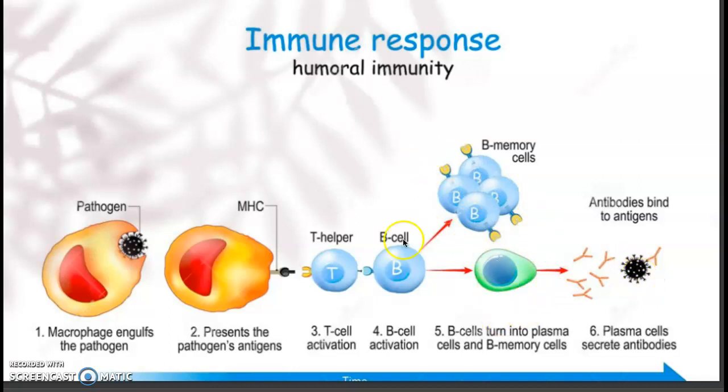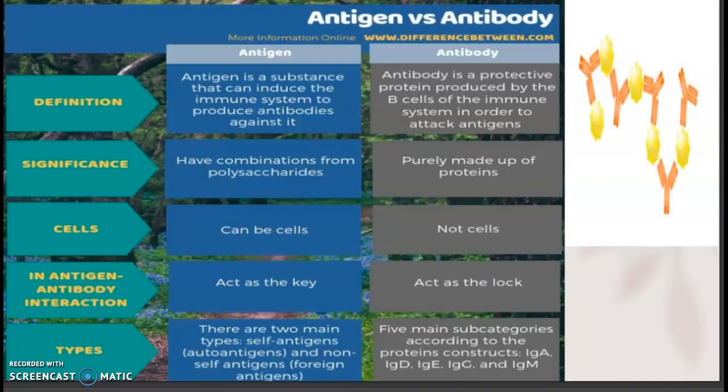So whenever the same antigen attacks, there will be no need for recognition by T helper cells and then sending information to B cells, then to plasma cells, then to antibodies. Once the body has already been infected, in the second attack B memory cells are there and they produce the immune response. So here antibodies bind to the antigen. This is the normal process of how the immune response occurs in our body as a defense mechanism.